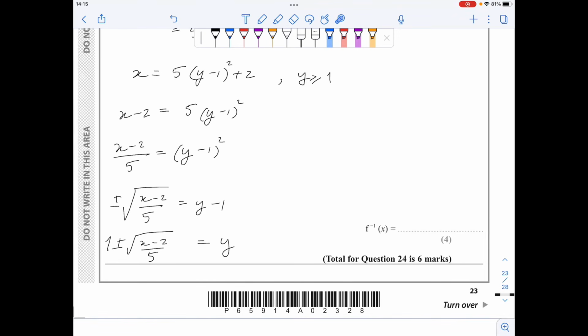And now my inverse function is this expression here. But remember, y must be bigger than or equal to 1. So in order to get a y value that is bigger than or equal to 1, I'll have to use the plus here. So the final answer is 1 plus the square root of (x minus 2) over 5.